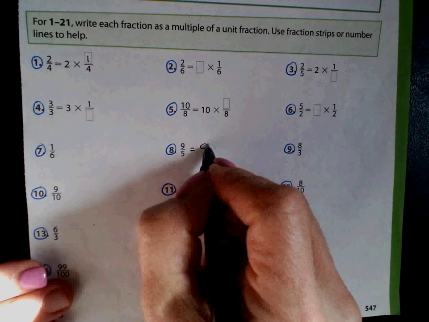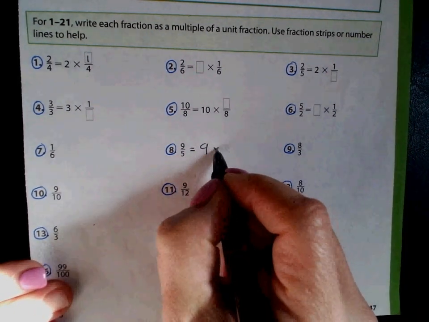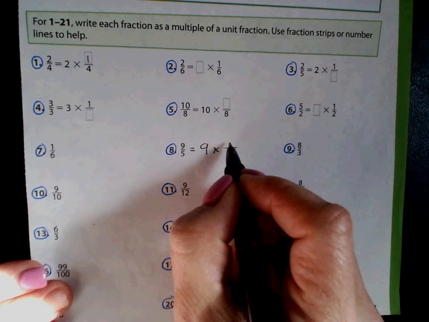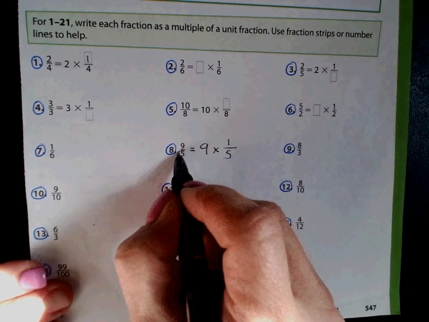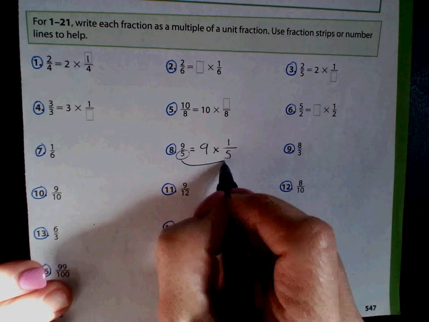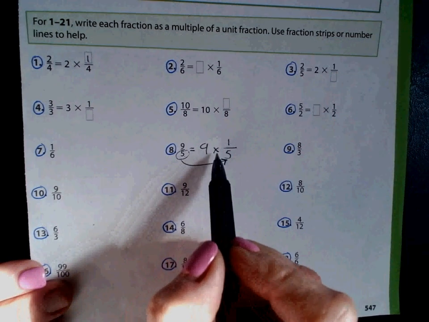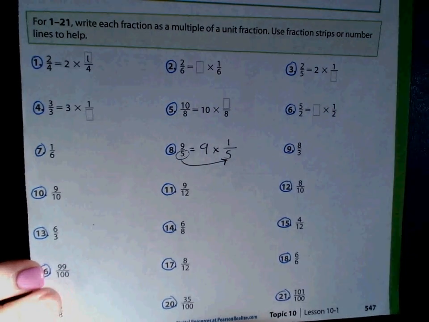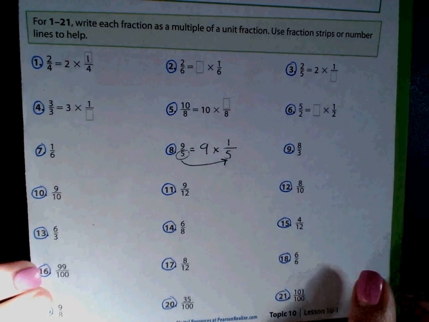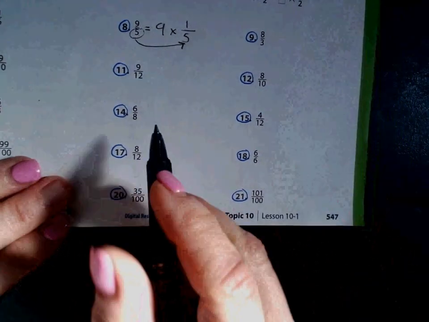9 is my numerator, so I'm going to write that nice and big because that's how many copies of the unit fraction I have. And my unit fraction will have 1 as a numerator and my denominator is 5. So it's going to stay 5. So 9/5 can be written as 9 times 1/5 or 9 copies of 1/5. And let's go ahead and I'll pick one more from down here.